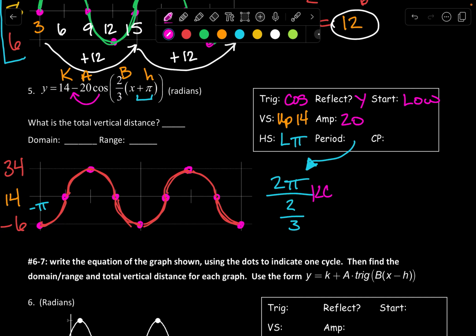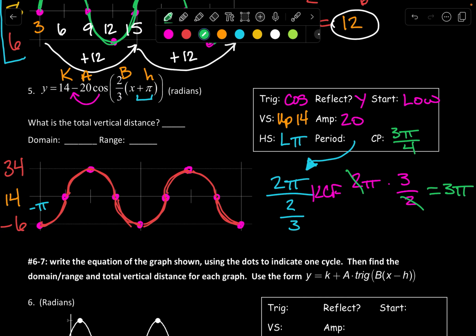When you flip that, it gives you 2 pi times 3 over 2. Look what happens to the 2's. They cancel out. So I've just got pi times 3, which is 3 pi. Critical points will be period over 4. 3 over 4 can't be reduced, so I'm going to leave it as 3 over 4.